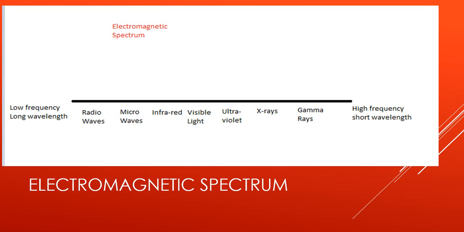On the electromagnetic spectrum, on the left you'll see low frequency and long wavelength. From the left you have the radio waves, the microwaves, and the infrared, and this radiation has a low frequency and a long wavelength. These radiations on the left aren't really that dangerous to humans, whereas the radiations on the right, such as ultraviolet, X-rays, and gamma rays, can be dangerous to humans, but they can also be extremely good because they can destroy cancer cells within the human body.